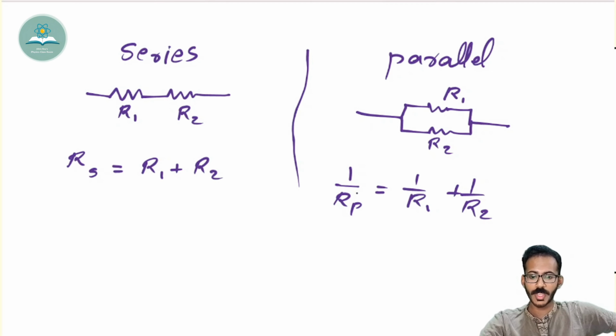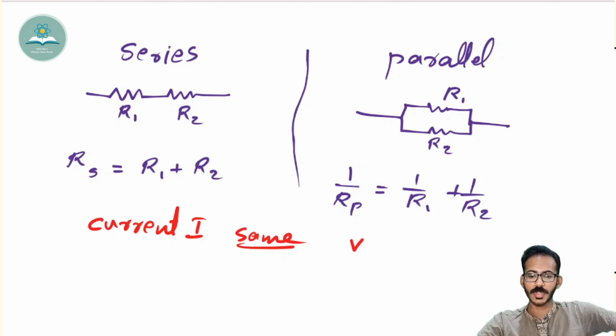Now I am not finding out Rp here, I am finding 1 by Rp. So at the end, please take the reciprocal, only then you will get Rp. Remember one more important point, that in series connection, current is always same.